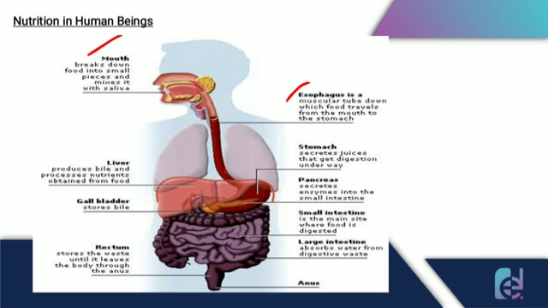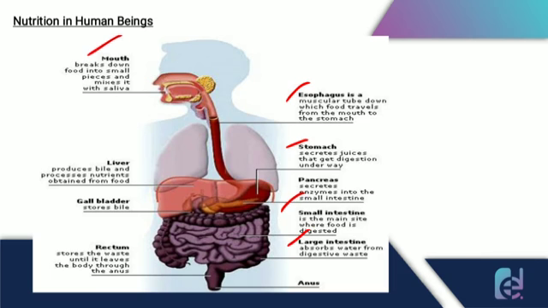The next part is the stomach. It secretes juices that help in digestion. Then after the stomach comes the small intestine. The small intestine is the main site where the food is digested, and after that is the large intestine.